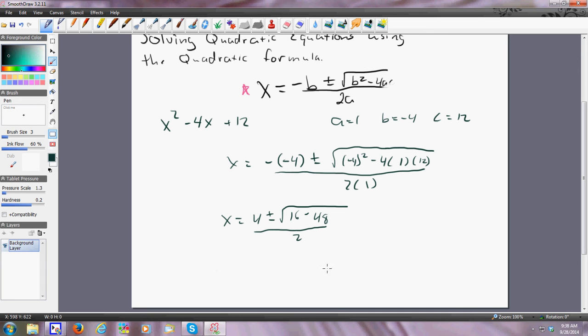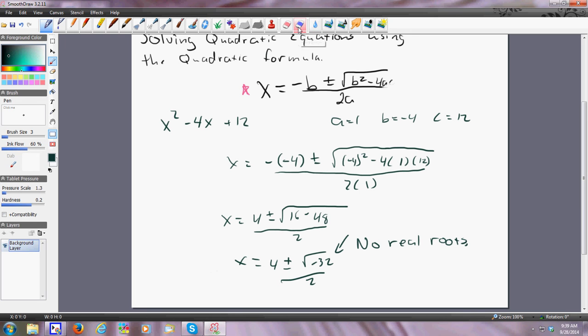Now I have a problem. I have x equals 4 plus or minus square root of negative 32 over 2. You cannot have a real solution with a negative underneath the radical sign. So here, there are no real roots. You're done. If you have a negative underneath the radical sign, you're completely stopped.